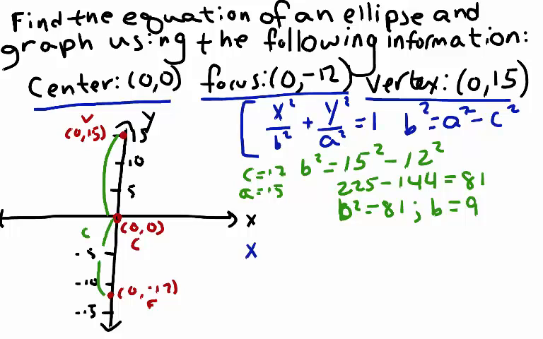So our equation becomes x squared divided by b squared, where b squared is 81, plus y squared divided by a squared, and since a is 15, 15 squared equals 225, all equal to 1.